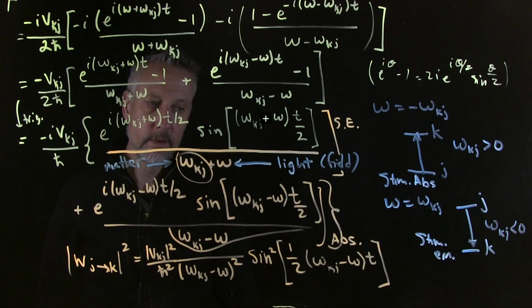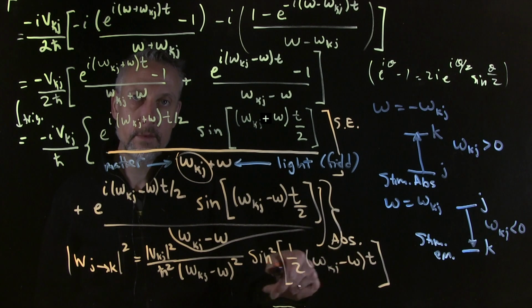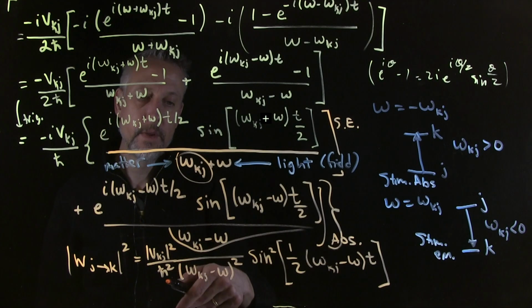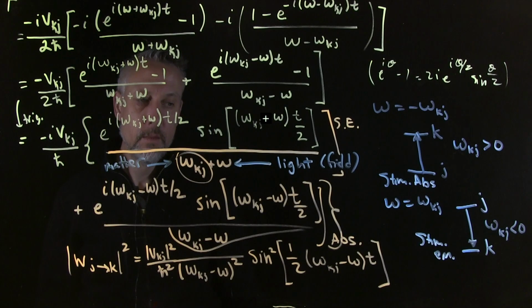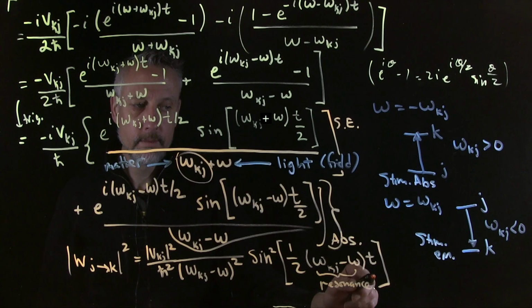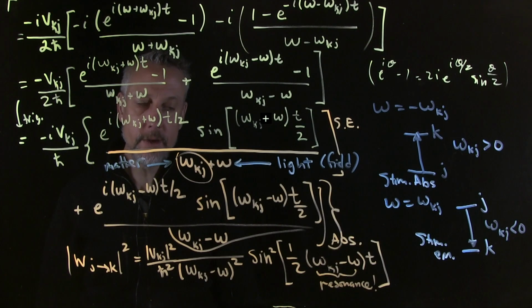We had this sine squared dependence, we had the V squared up here, h bar squared on the bottom. But now what we have is this resonance condition. Right? And it just naturally arises from first order perturbation theory, as an example.